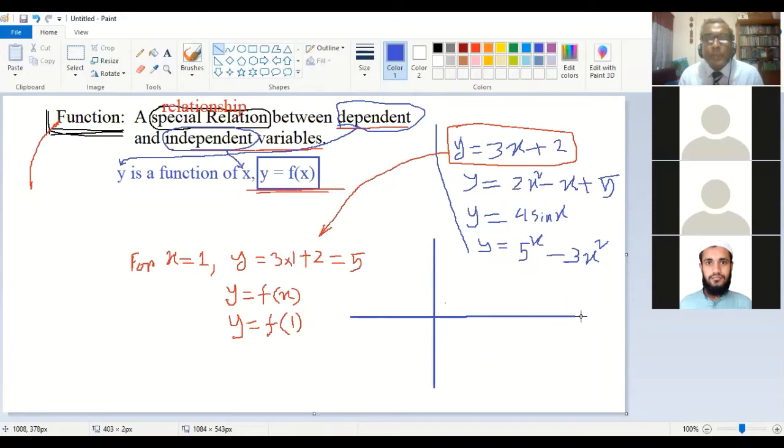Putting the value of x equal to 1, we will get... You are right, but finally what will you get? Okay, sir, 3 plus 5. Sir, x equal to 1, y equal to 5. Sir, x equal to 0, y equal to... I don't want the value, I am asking what the graph will be, if you draw the graph?